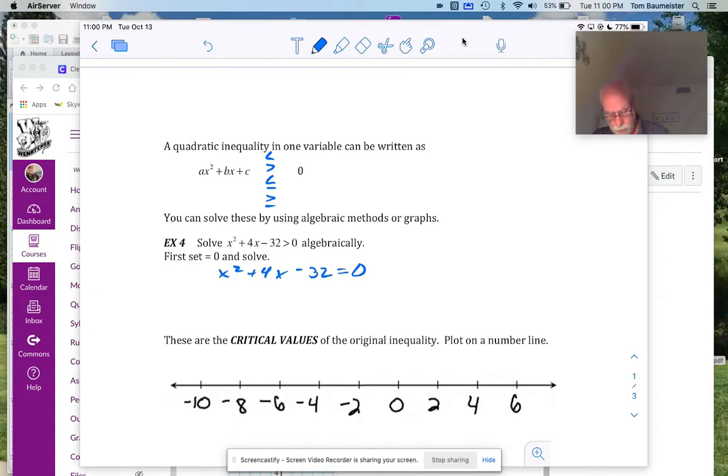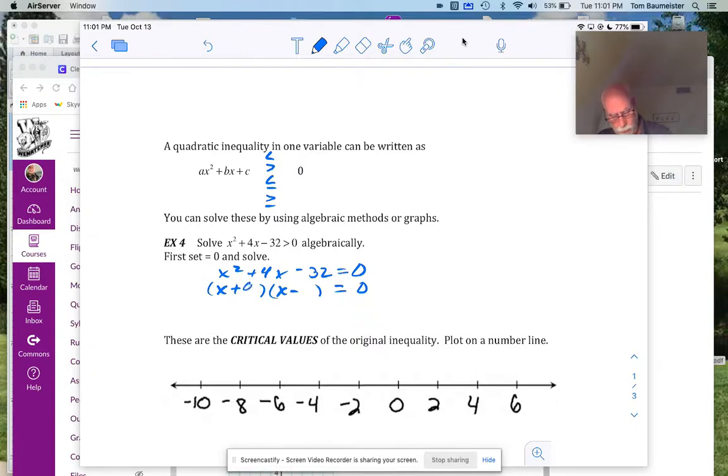All right. So when we do that, again, I have an x there, so it's kind of easy to do. I'm going to put x times x. The last term is negative, so you know automatically one is positive and one is negative. And what are factors of 32 that when I multiply them give me negative 32, yet when I add them give me a positive 4?